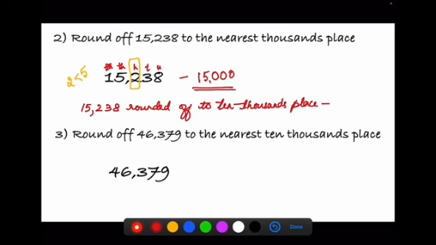Now when 15,238 is rounded off to 10,000s place, see here I'm trying to round it off to 10,000s place.